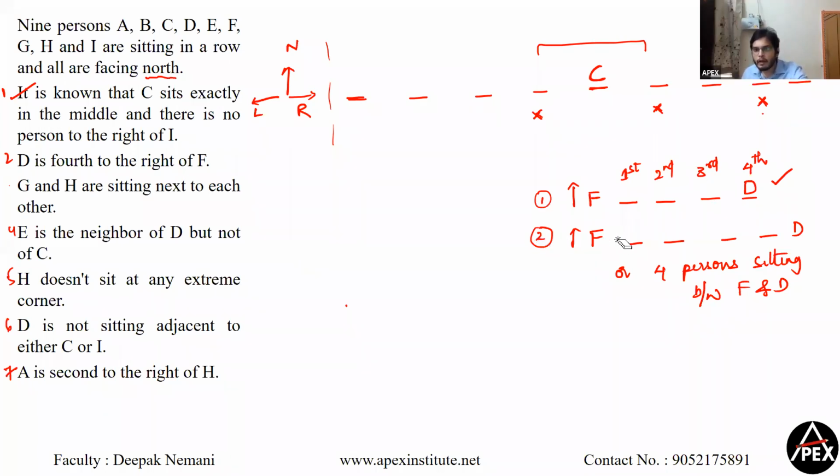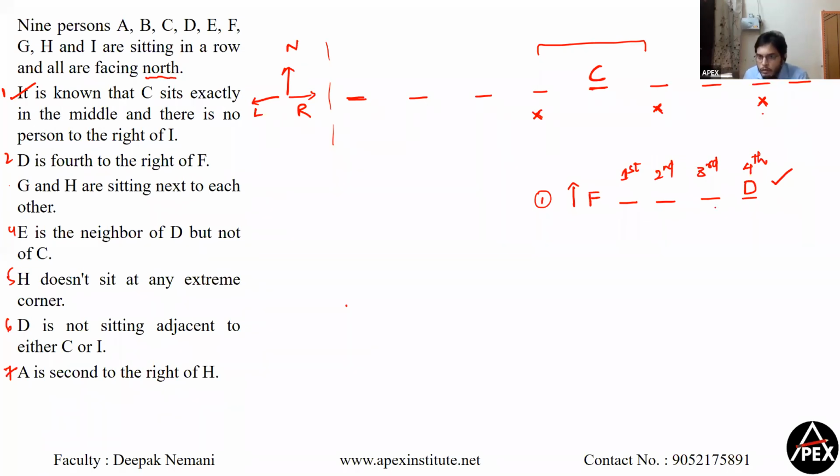So if I say that D is fourth to the right of F, I can also rephrase that statement as F is fourth to the left of D. With respect to D, this is first to the left, and this is right, isn't it? First, second, third, fourth.